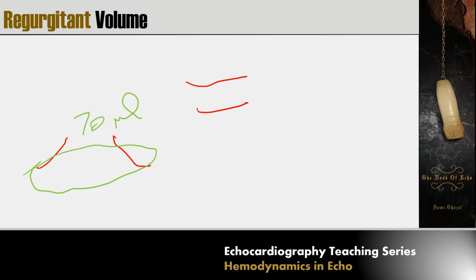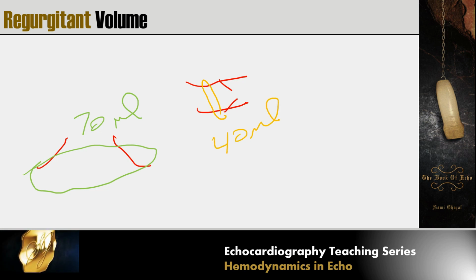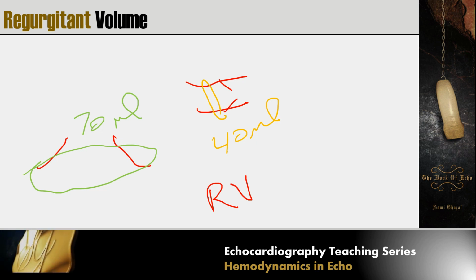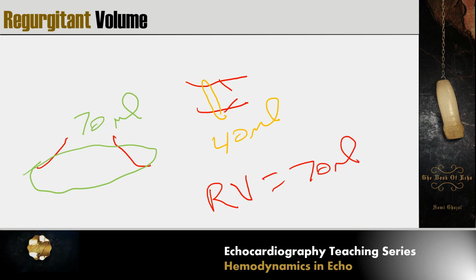So this is the LVOT, and we measured the stroke volume here, and it is only 40 ml. So there is difference, and we have seen by color Doppler that there is mitral regurgitation. So now we can calculate something called the regurgitant volume. So regurgitant volume in that particular case will equal 70 ml that came out of the mitral valve, but only 40 reach the aortic valve or the LVOT.